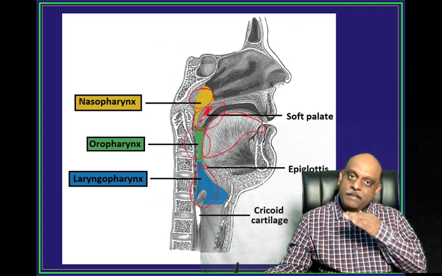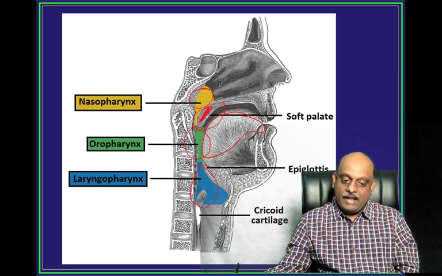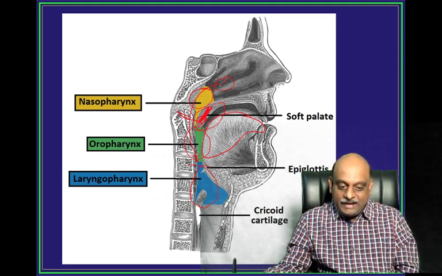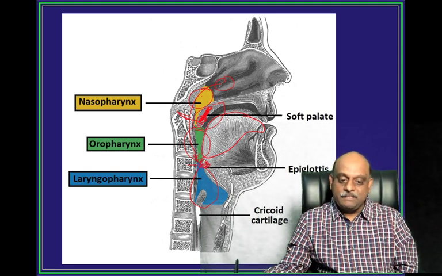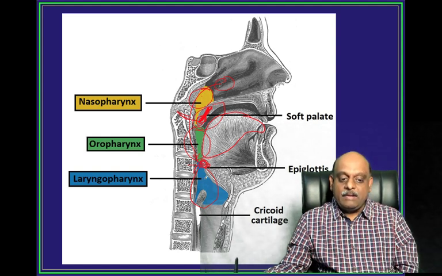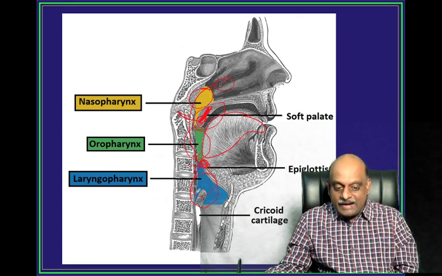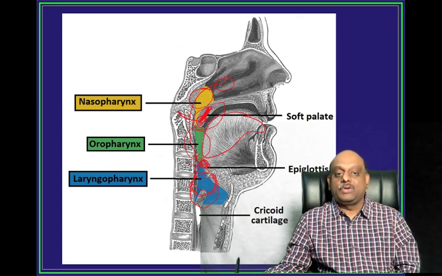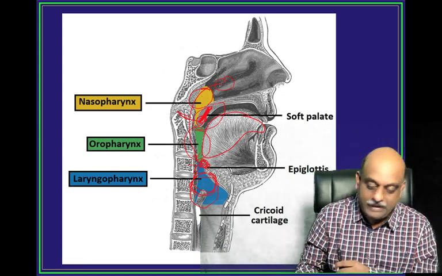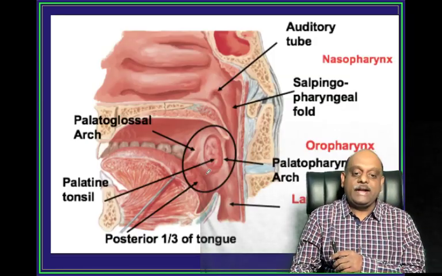The uvula, if it moves backwards, can seal the nasopharynx from the oropharynx. Similarly, you have the epiglottis. If the epiglottis moves back, it can seal the laryngopharynx. That is what you have to basically remember, the fundamental anatomical orientation.